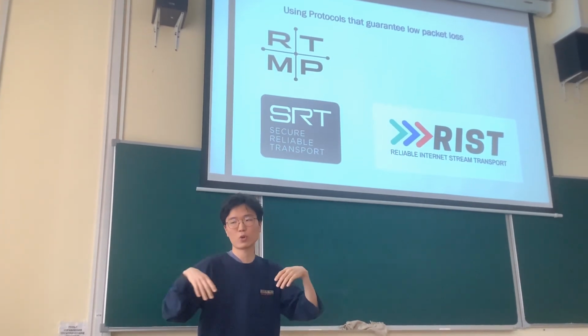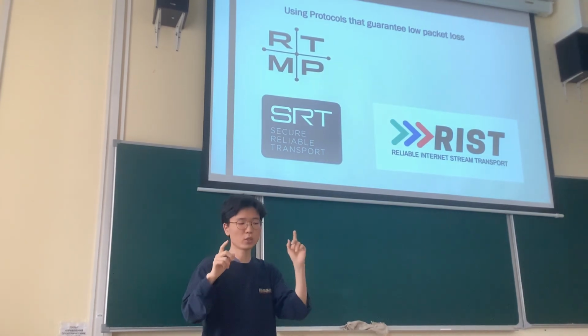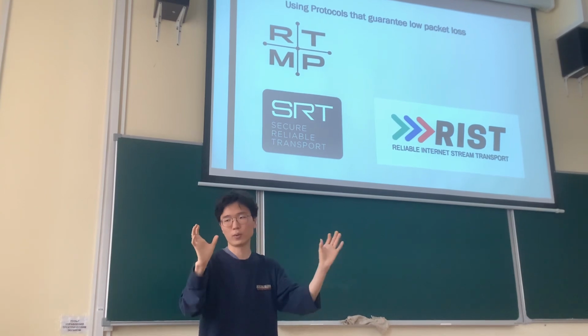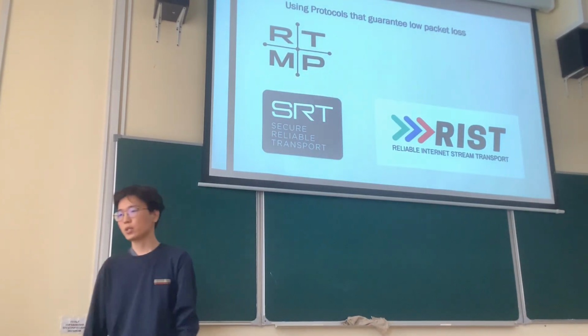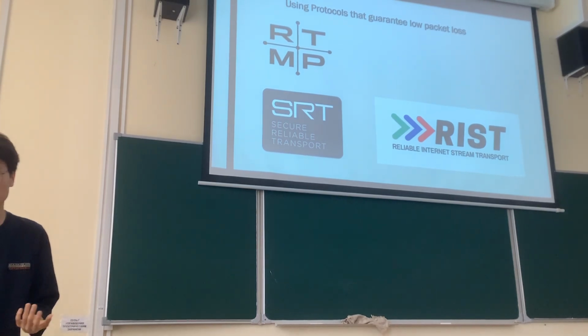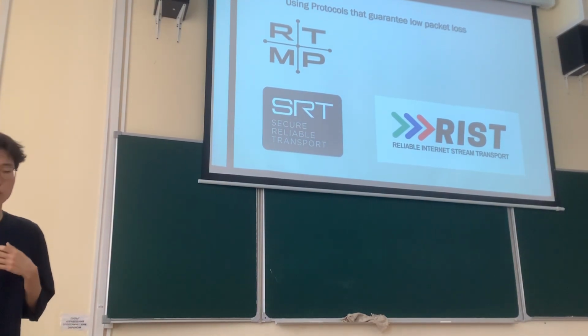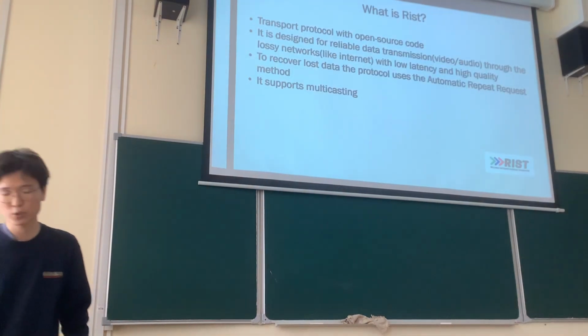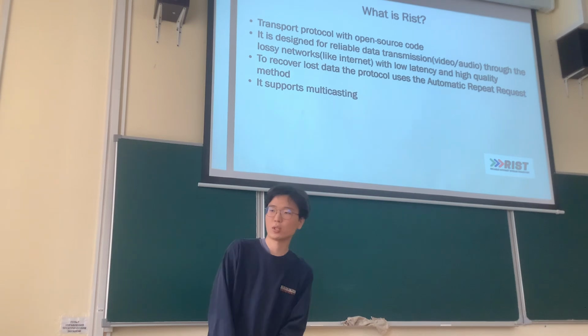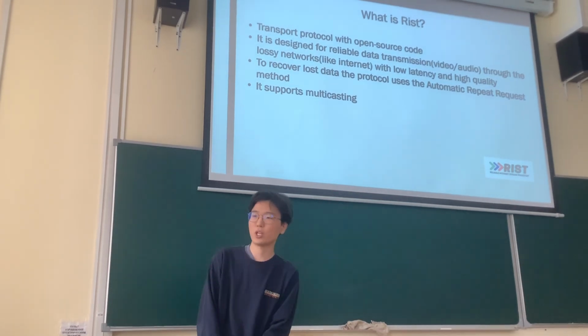SRT supports only point-to-point connections, sender to receiver only. This is the reason why RIST is practically interesting for use. The problem is that this protocol does not have good documentation.